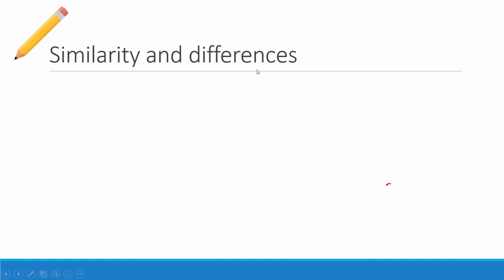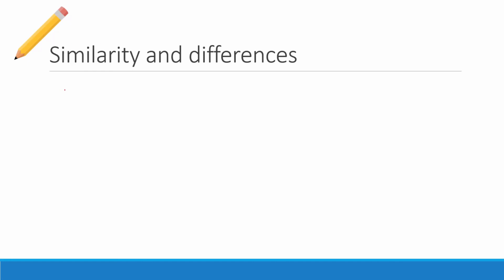Okay, so the last slide. The last slide goes back to our main goal. Our main goal at the start of this was to talk about the similarities and differences. So this is our main writing. This is our last writing slide, and then we're done for today's lesson.